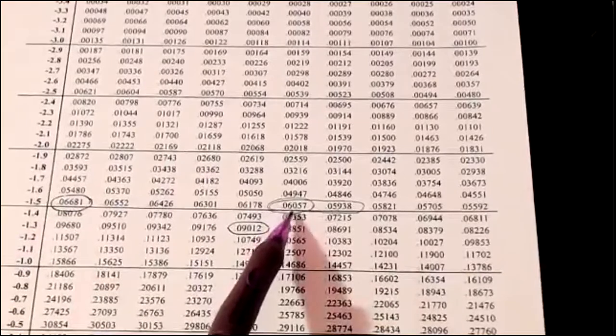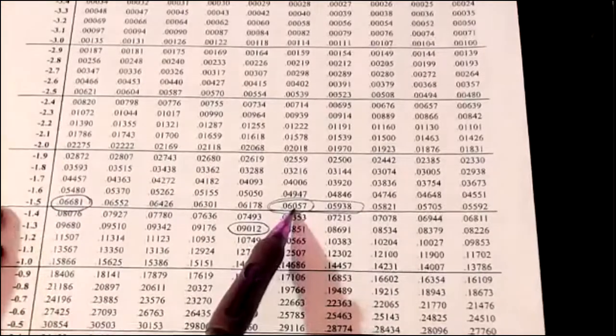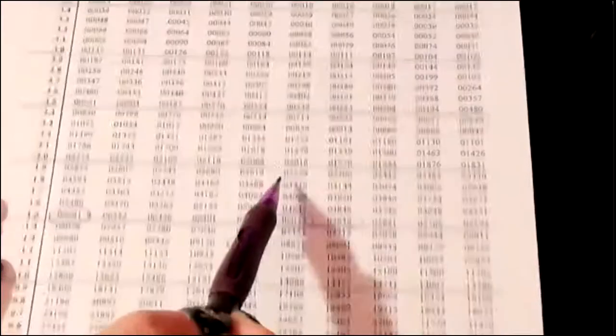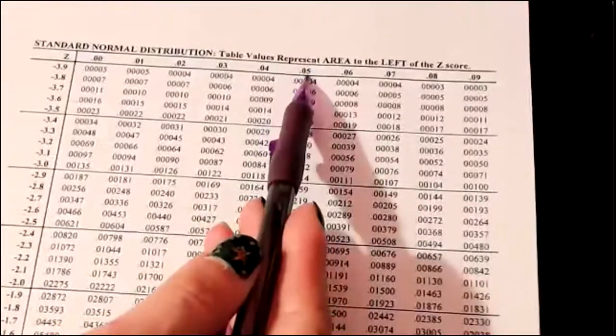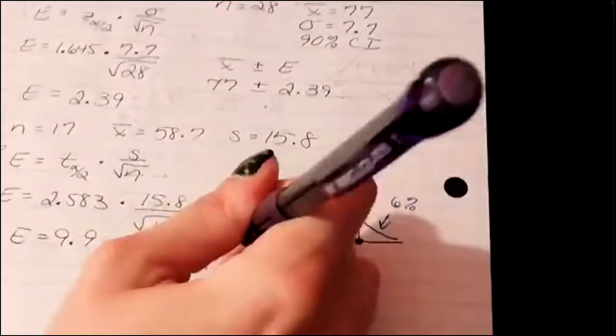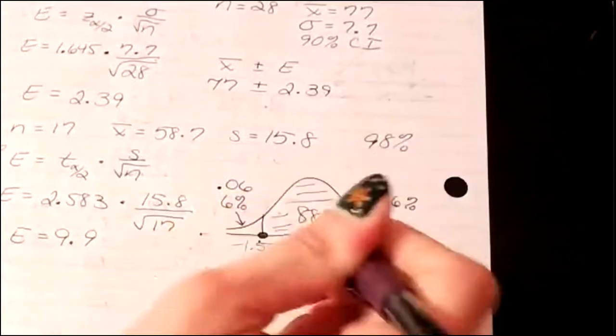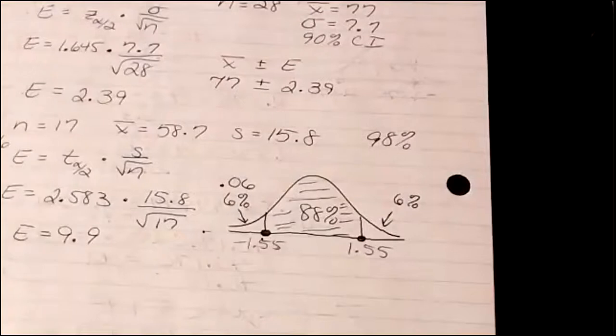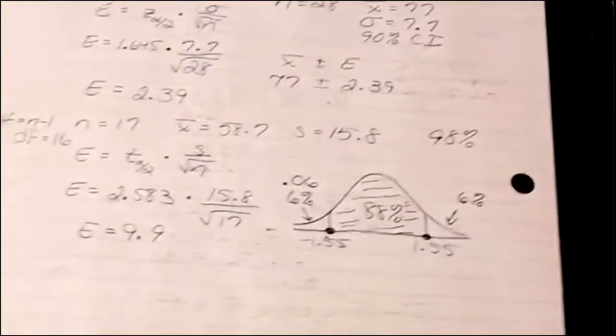So since I'm closest to the value on the left, this has a z-score of negative 1.55. So I'm going to write that down. Negative 1.55, which means my positive z-score is also 1.55.